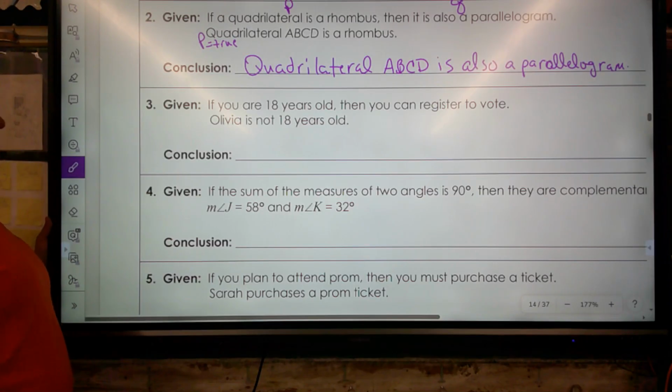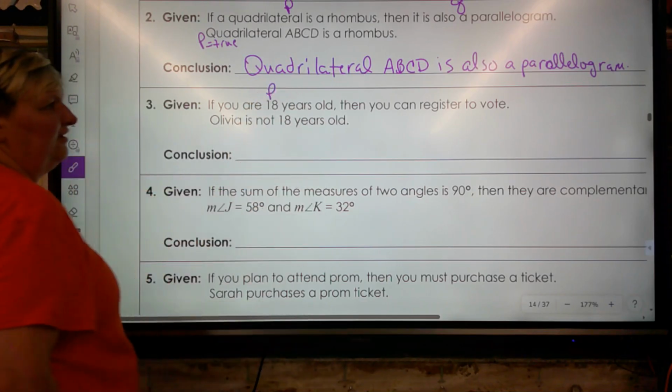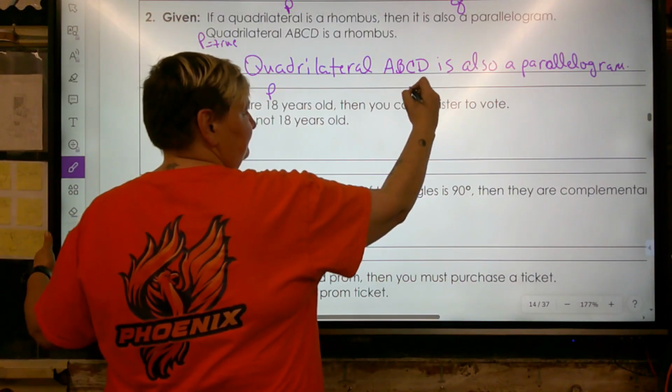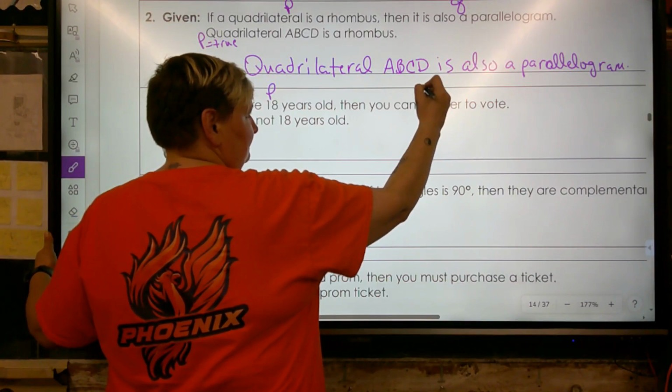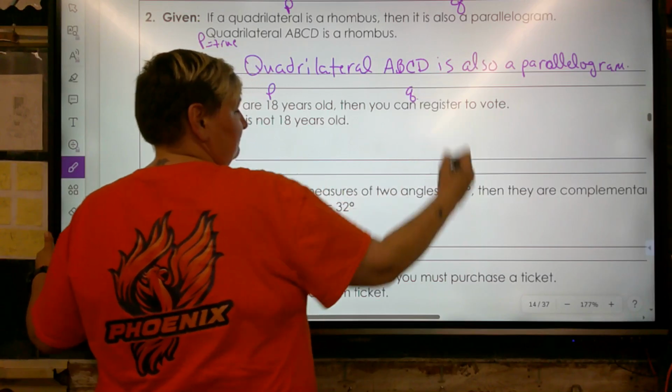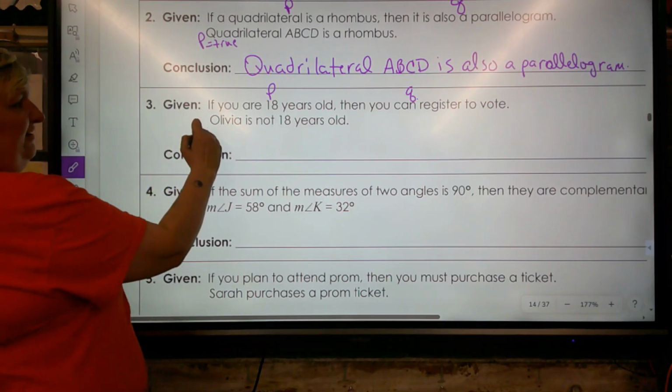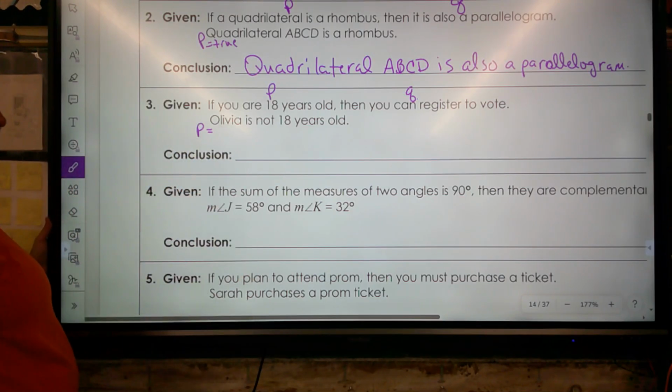Number 3, given, if you are 18 years old, then you can register to vote. This is our P. Olivia is not 18 years old.